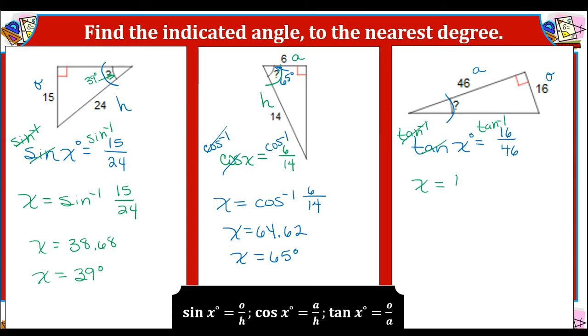X is isolated. So second tangent, n over d, 16/46, about 19.17, which rounds to about 19 degrees. So this angle is about 19 degrees.